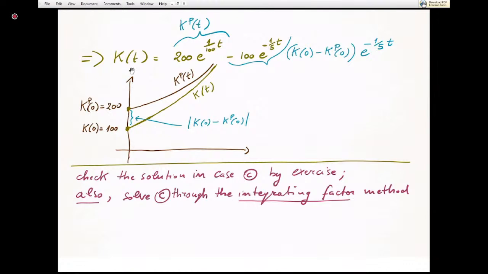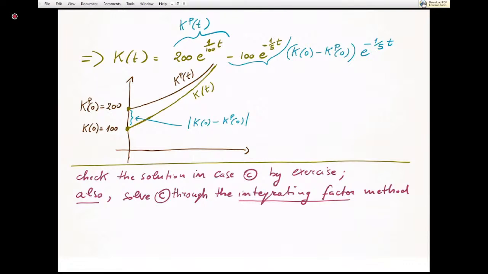And starting from any other initial condition, we have a path that in the long run approaches this solution. And the reason is that the deviation between any other solution and this solution vanishes over time just because it is multiplied by a negative exponential of minus 1 over 5t.